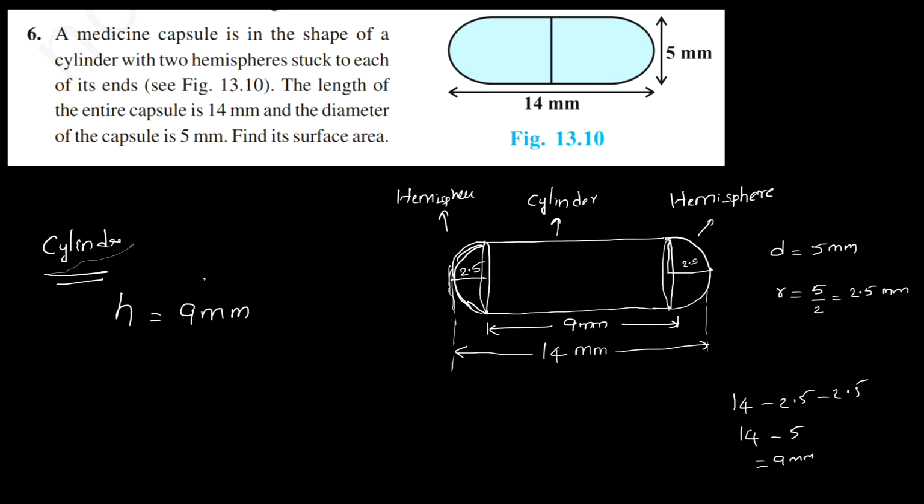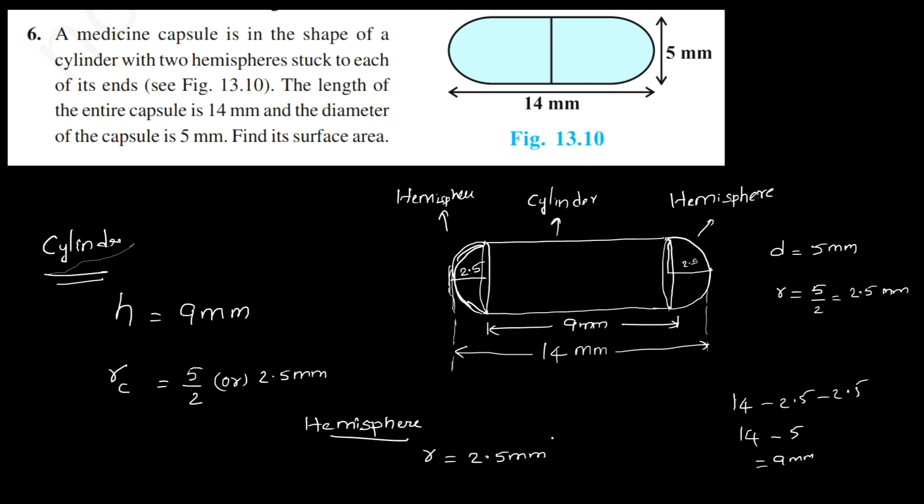So that means we know that the radius of a hemisphere is 5 by 2, therefore radius of cylinder will also be 5 by 2 or 2.5 mm. And similarly we have one more figure, that is hemisphere. For hemisphere we don't want any dimension except the radius, and radius is 2.5 mm or 5 by 2.